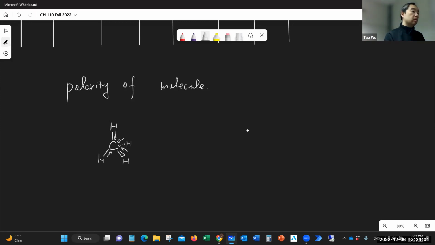So in this case, it is a non-polar molecule. As long as the electrons are distributed evenly, you get non-polar molecules. This is one example.